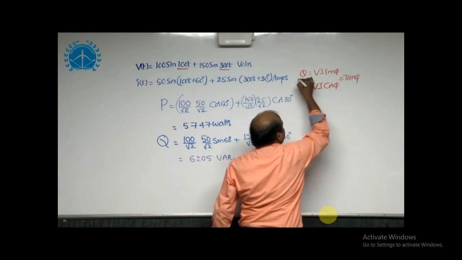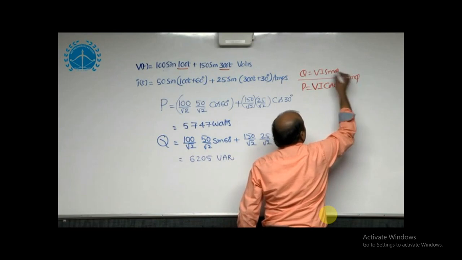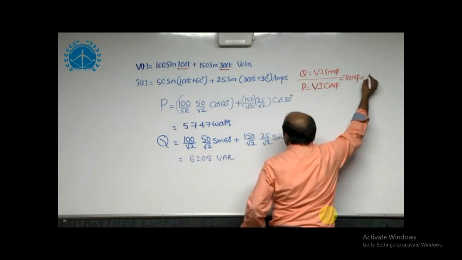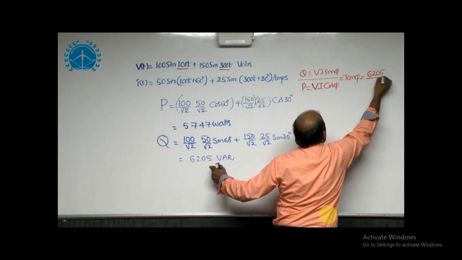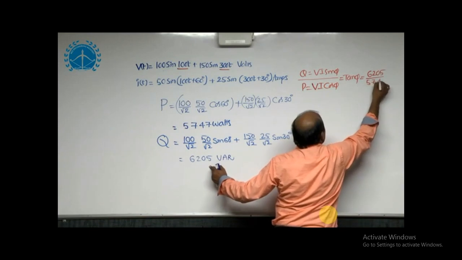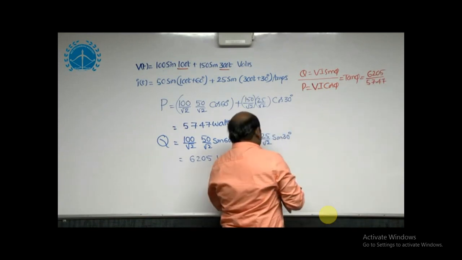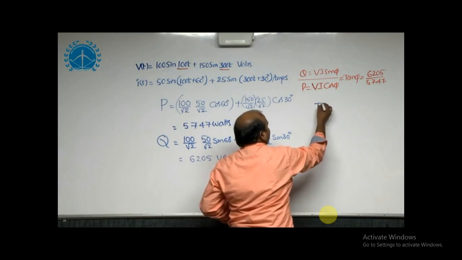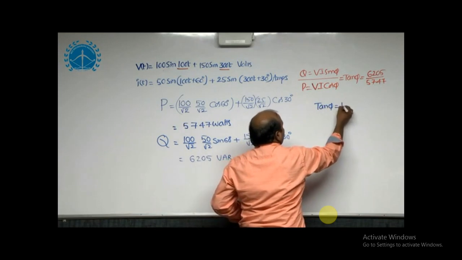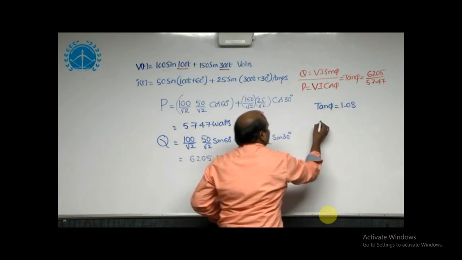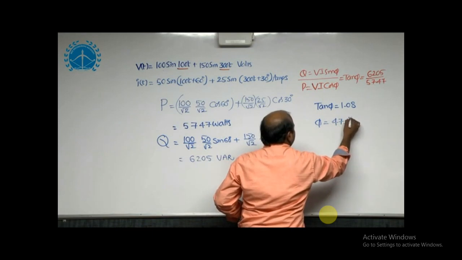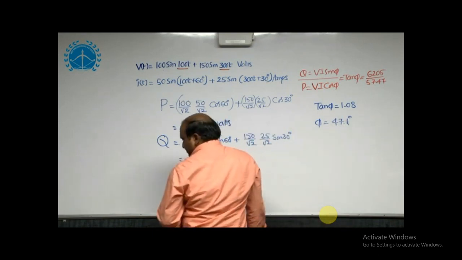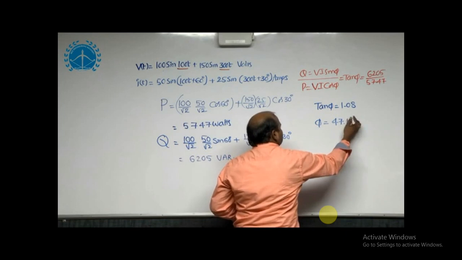By dividing these two, Q by P, you are getting tan phi, which is equal to 6205 by 5747. The tan phi value we are getting is 1.08, and phi you are getting 47.19 degrees.